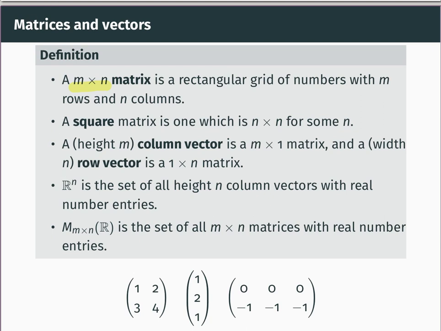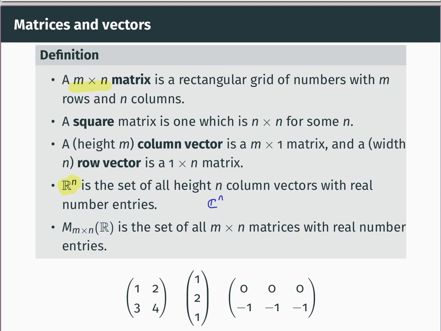And we have some notation for the set of all column vectors. For example, R to the n, written like this, is the set of all height n column vectors whose entries are real numbers. And similarly, we might write C to the n like this to mean the set of all height n column vectors with complex numbers as entries.